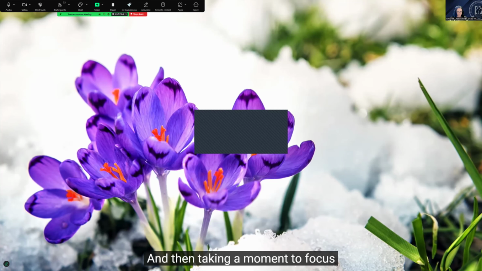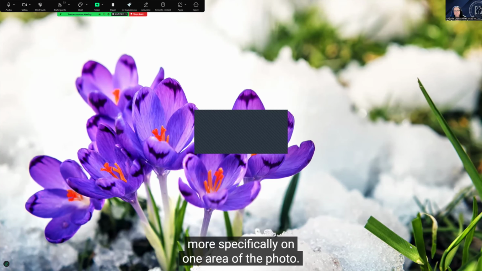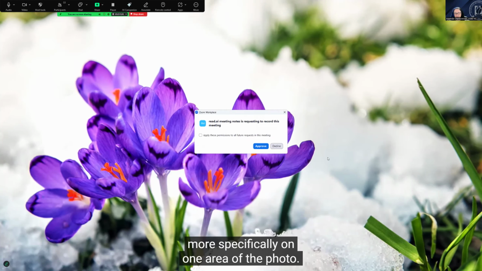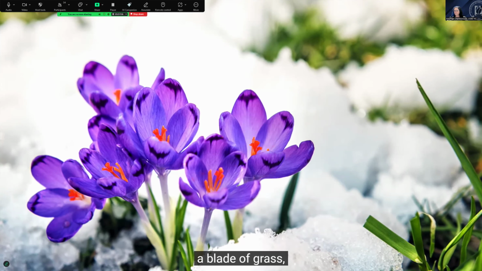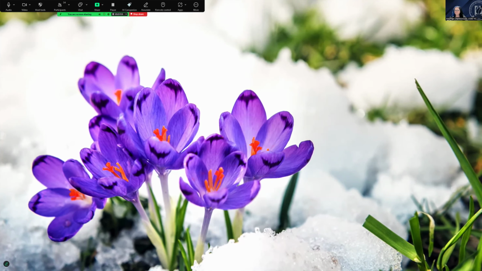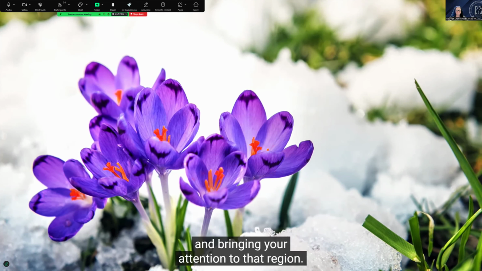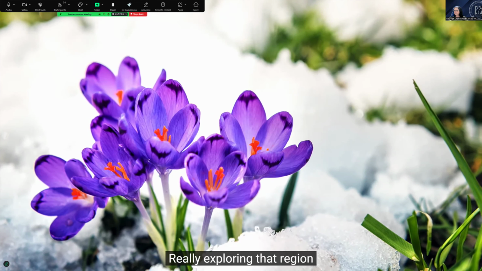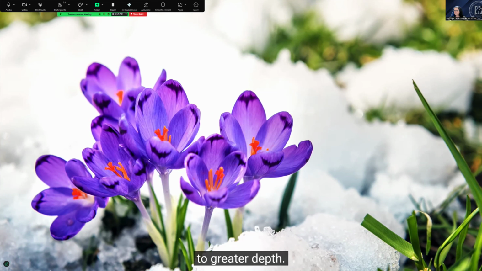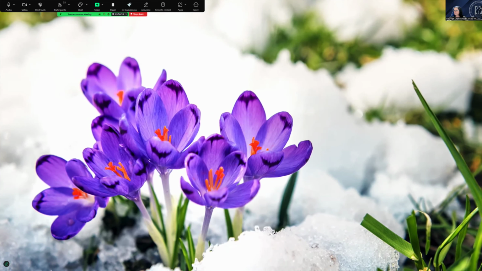And then taking a moment to focus more specifically on one area of the photo. Perhaps a flower, a blade of grass, the snow. And bringing your attention to that region. Really exploring that region to a greater depth.